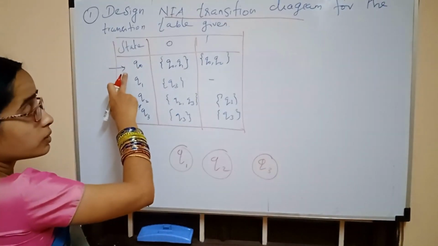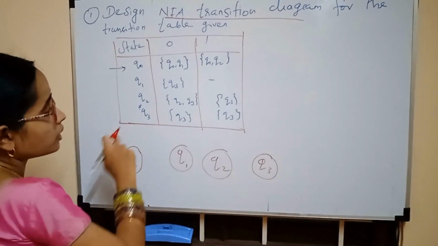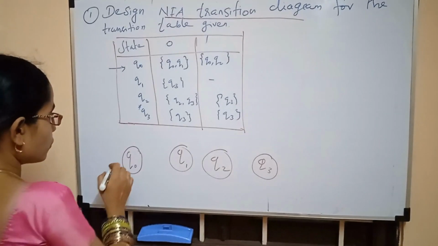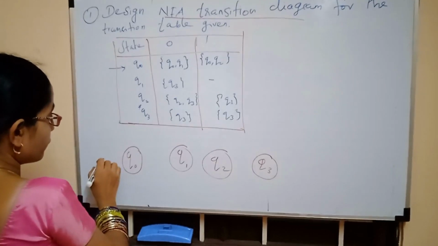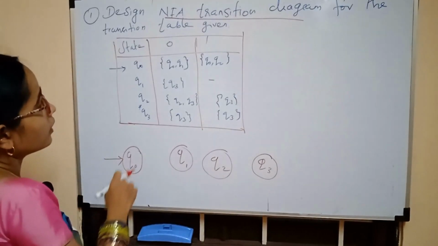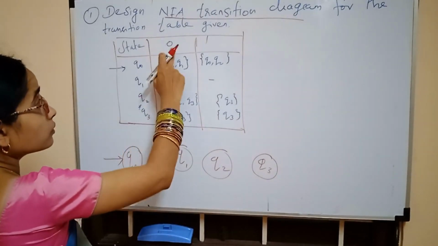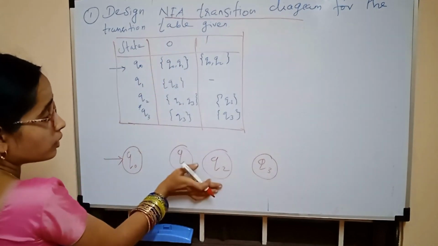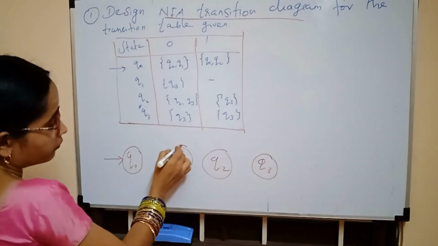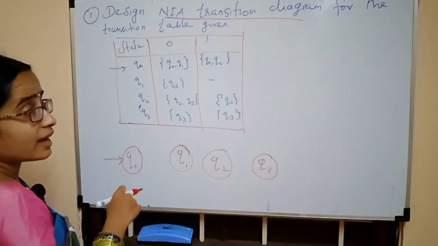The arrow mark denotes the starting state, and the star denotes the final state. We are making Q0 the starting state, and by looking at this table you have to come up with the diagram.